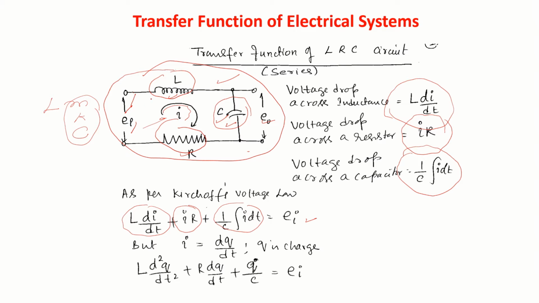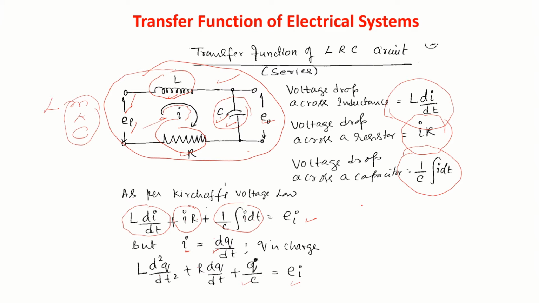And current I is defined as rate of change of charge, dq by dt. So let's substitute here. You get L d square q by dt square plus R dq by dt plus, with dq by dt substituted, dt will cancel, the integral of dq will become q by C, equal to input voltage Ei.